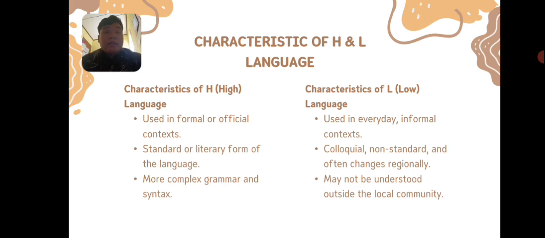And the characteristics of L or low language: first, it is used in everyday informal contexts. Second, it is colloquial or non-standard and often changes regionally. And the third, the last, it may not be understood outside the local communities.